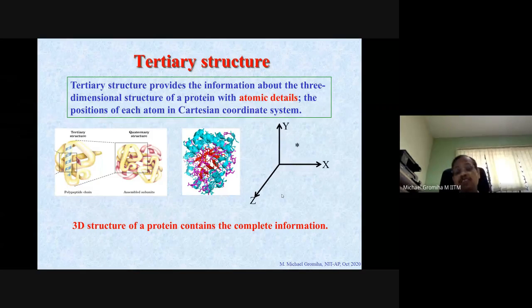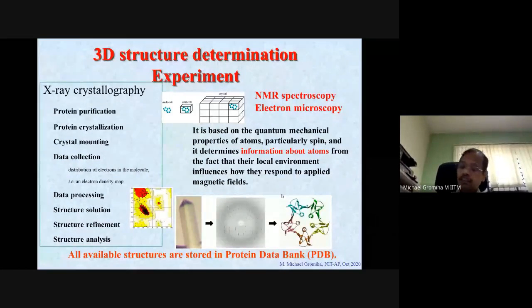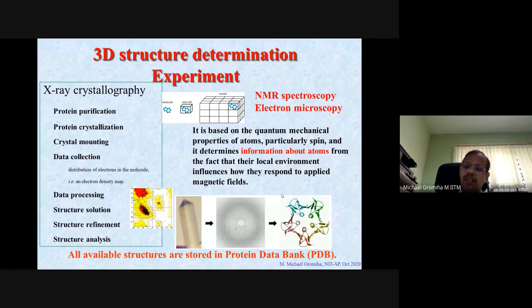Why are 3D structures important? Why do we care so much about 3D structures? What are the applications of these 3D structures? Okay, 3D structures will tell you where the residues are located and what the possible binding pockets are. Even for COVID-19, if you want to develop any therapeutics, drugs, or vaccines, you have to work with the targets.